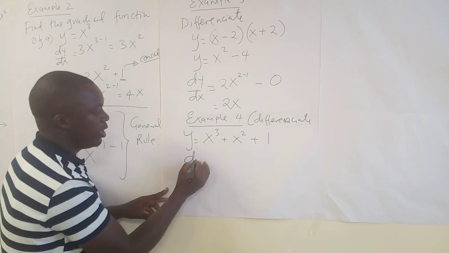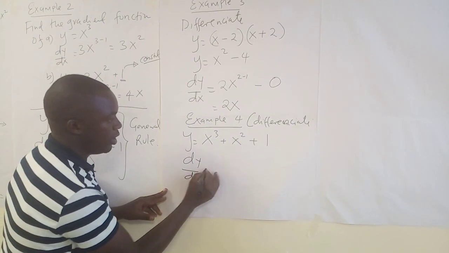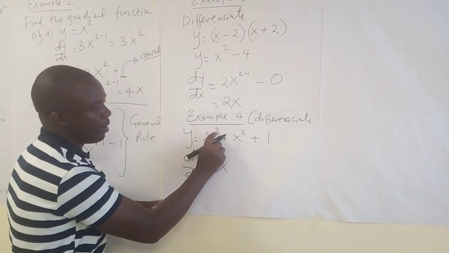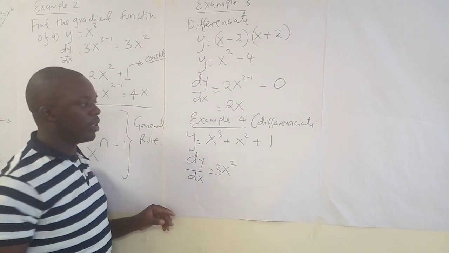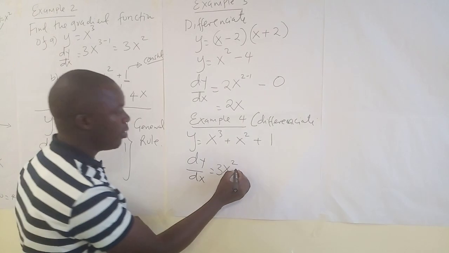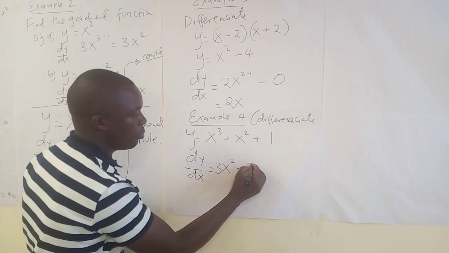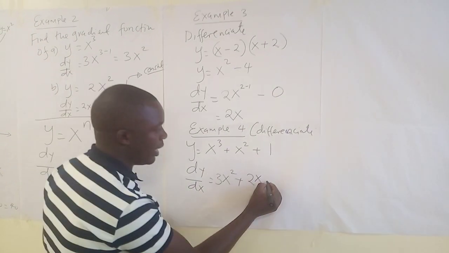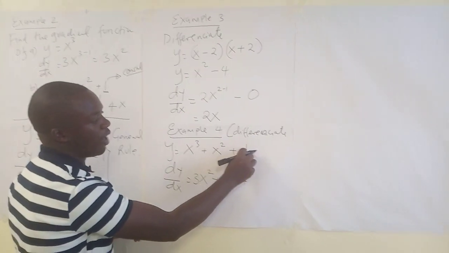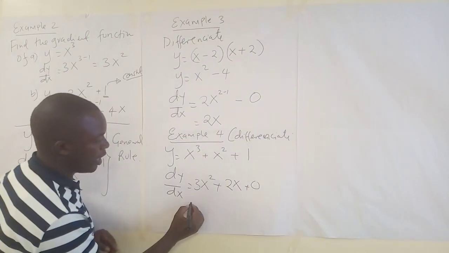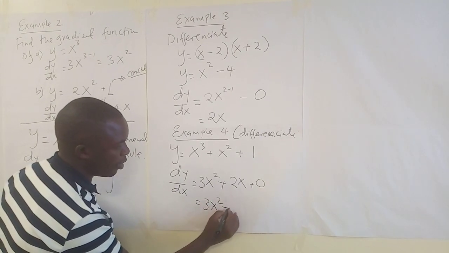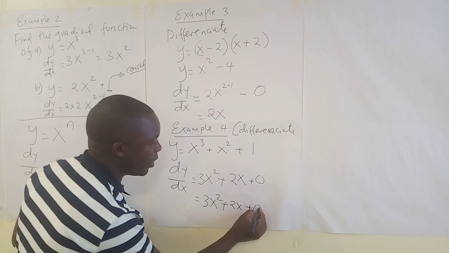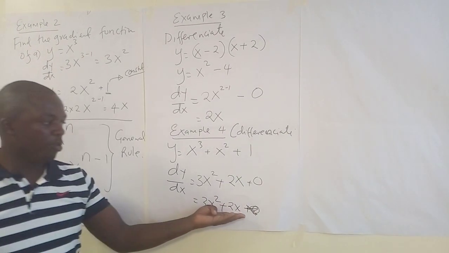I'll say dy/dx is equal to, you bring 3 here, 3x to the power 3 minus 1, which is 2. Plus, you bring 2 here, it's going to be 2x, 2 minus 1 is 1. Plus the derivative of a constant, which is 0. So the answer is going to be 3x squared plus 2x plus 0, or we can choose to remove the 0.